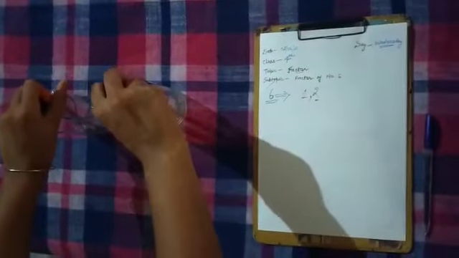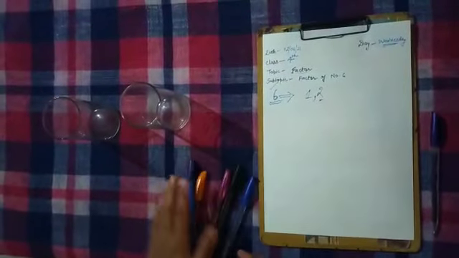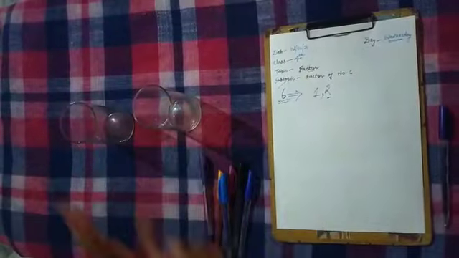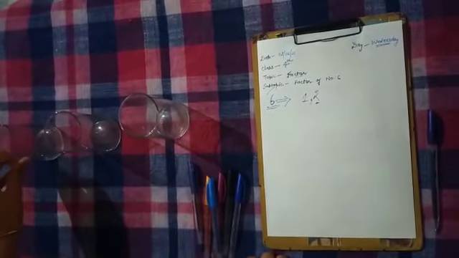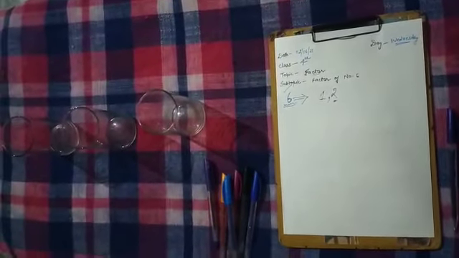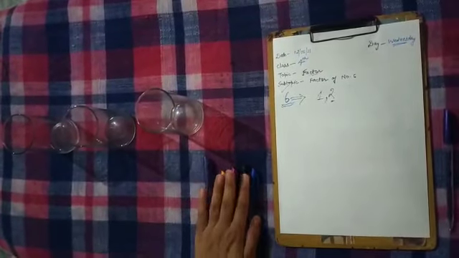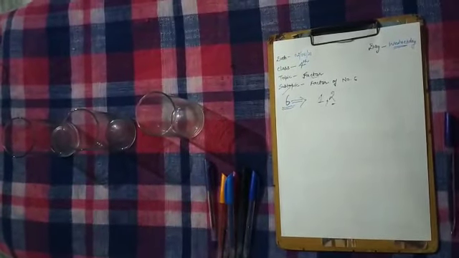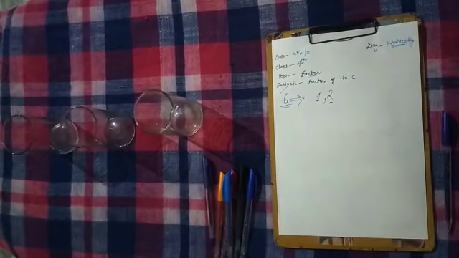Now, dear students, we will take these 6 pens. Firstly we took 2 glasses, now we will take 3 glasses. We have to divide all these 6 pens into 3 glasses, but equally.